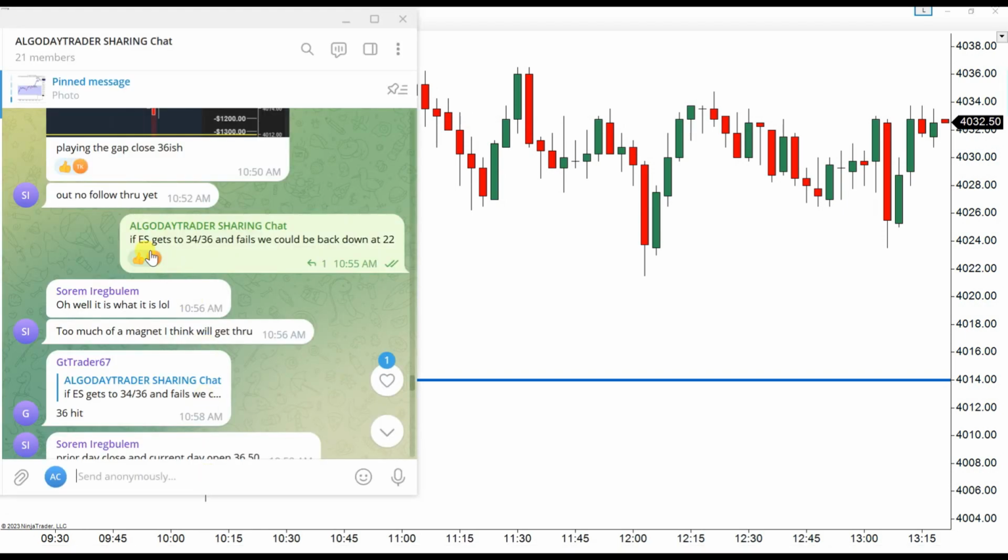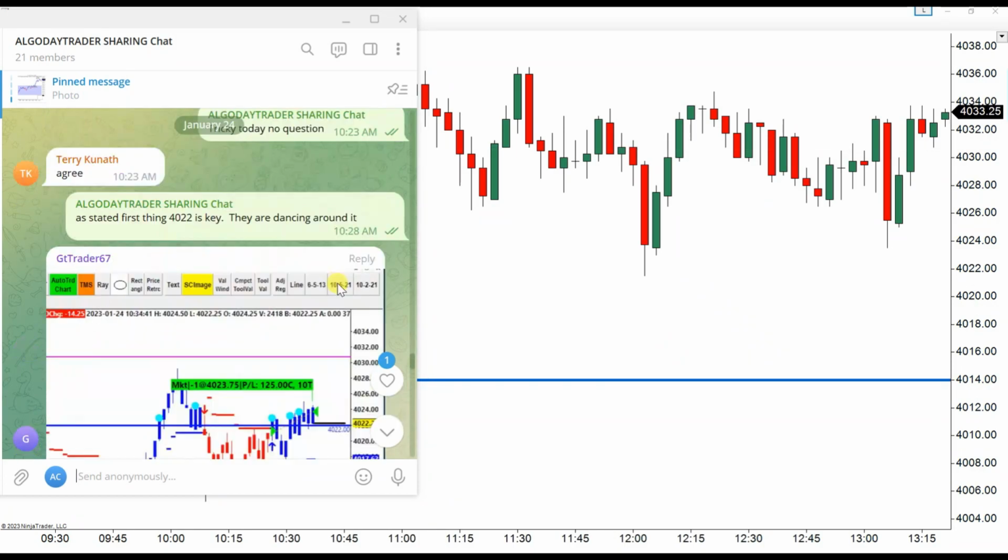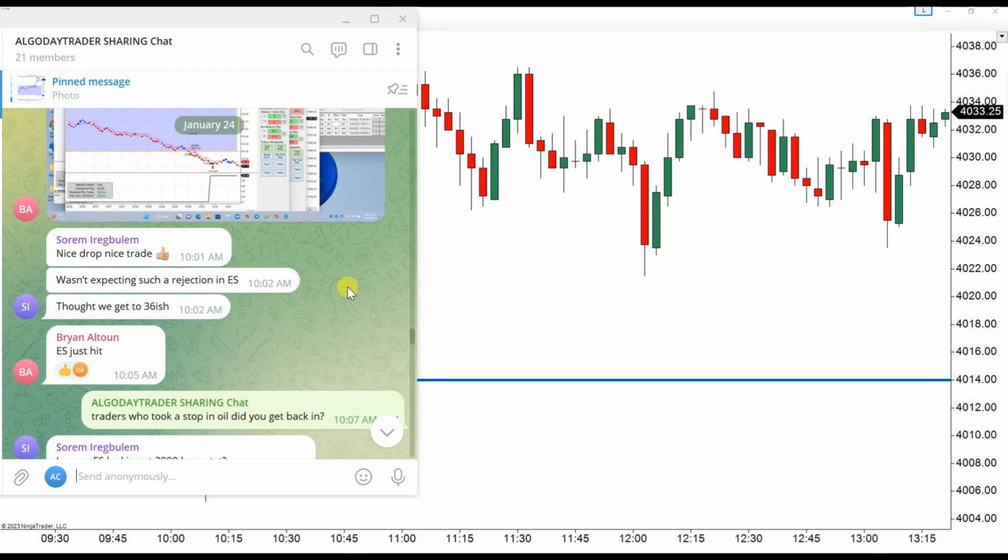So once again, this was the alert. And those who have taken this alert were able to, if not completely make up the loss, make up most of the loss. But actually, most of the traders were positive for today.